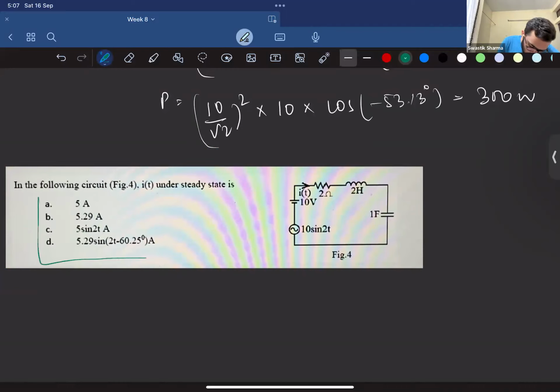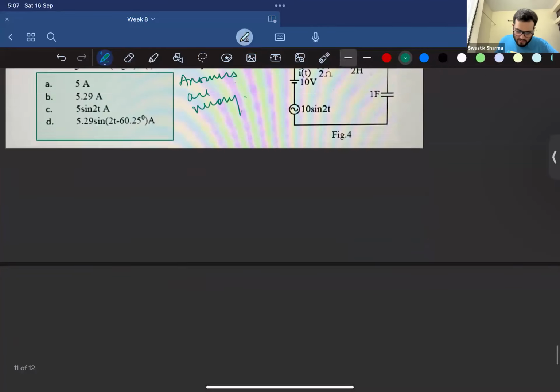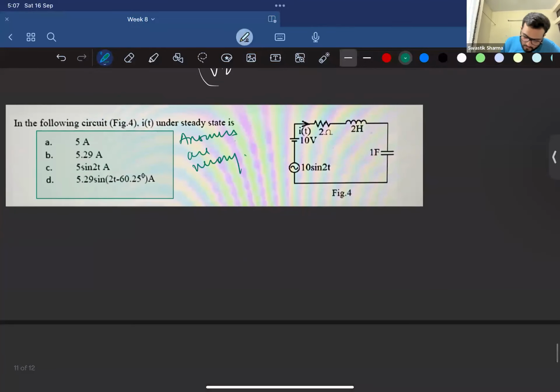I'll tell you why. But let's quickly see how the answers are wrong. We need to find the current under steady state, right? But there are two sources, a DC source and a single phase AC source. So let's do superposition. Let's take the DC circuit first and then the AC circuit.